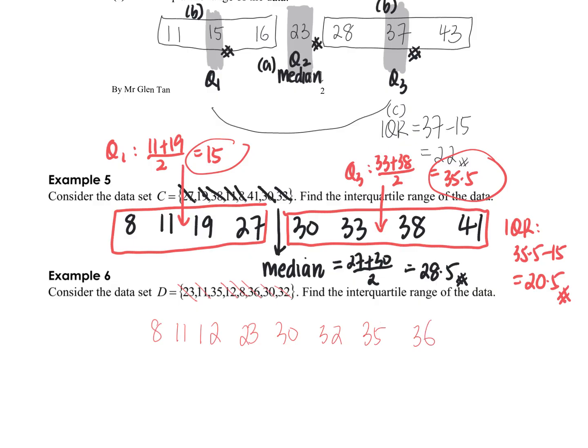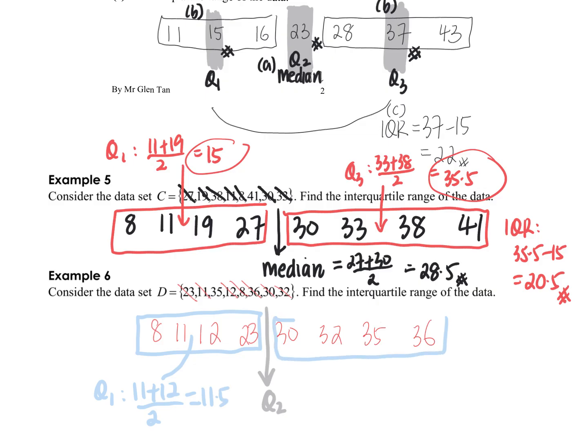Okay, go and find the middle number. Again, it's here. So median is here if you want to find. But look at the lower half. The Q1 is between these 2. So 11 plus 12 divided by 2, 11.5. The upper half, the middle is here. So Q3 is 32 plus 35 divided by 2, so 33.5.